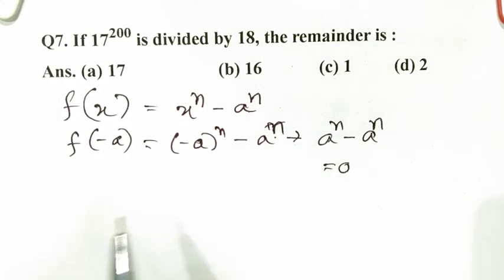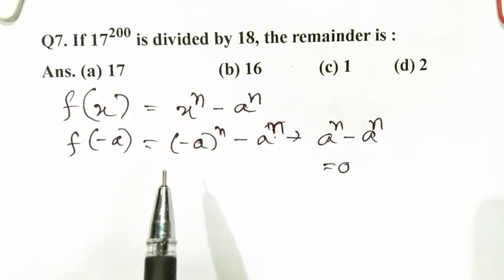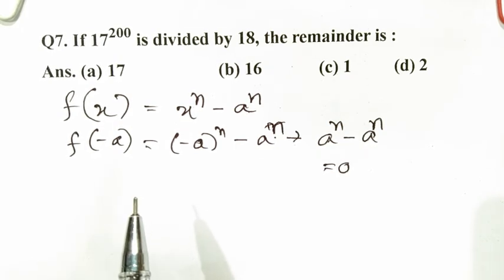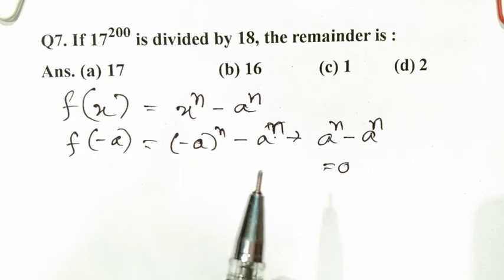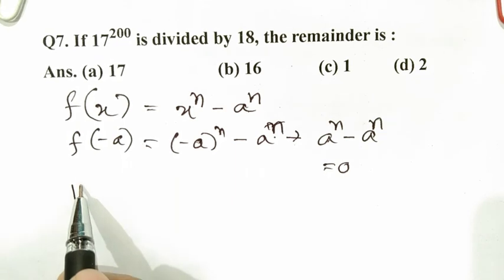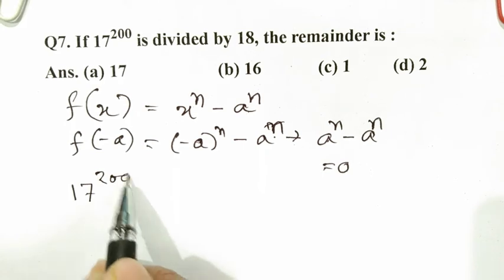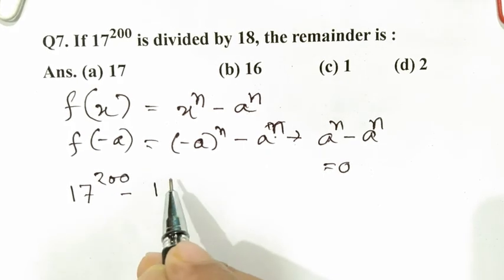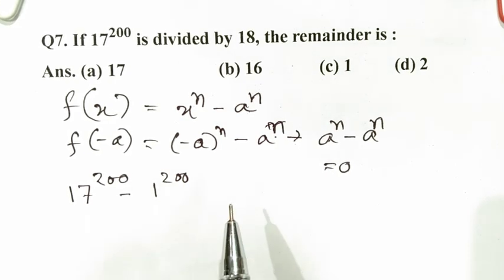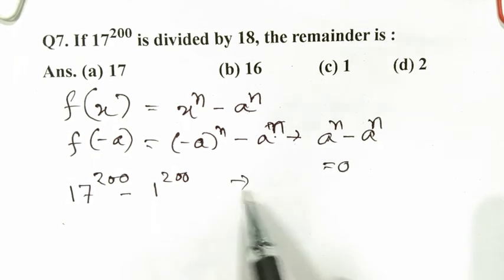We get f(x), or x to the power n minus a to the power n, is completely divisible by x plus a only when n is even. So following this rule, 17 to the power 200 minus 1 to the power 200 is completely divisible by x plus a, equal to 17 plus 1, 18.